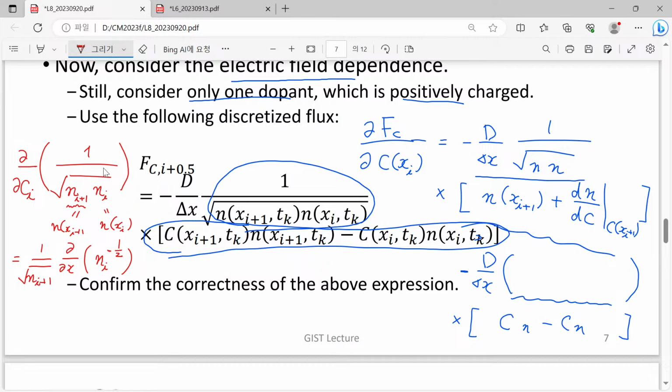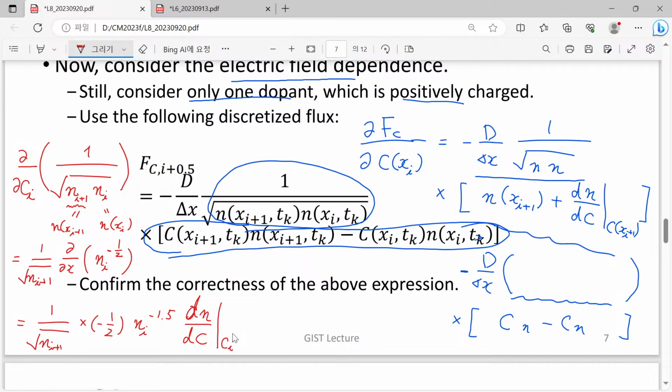Are you with me? This is 1 over the square root of n sub i, corresponding to just n i to the power of minus half. So now it becomes n i plus 1 times minus half n i to the minus 1.5, and eventually we have dn over dc evaluated at c sub i.